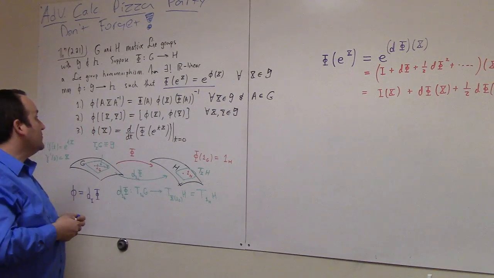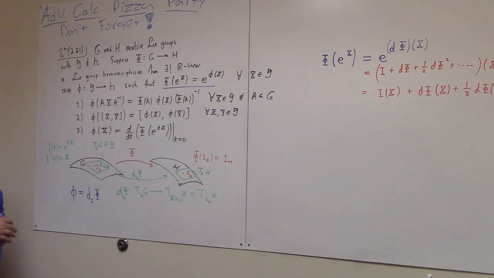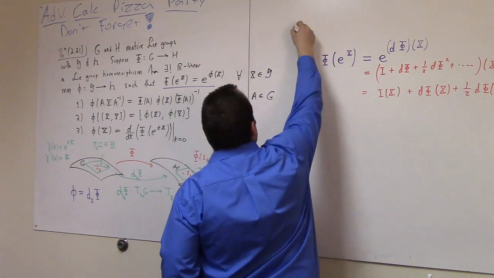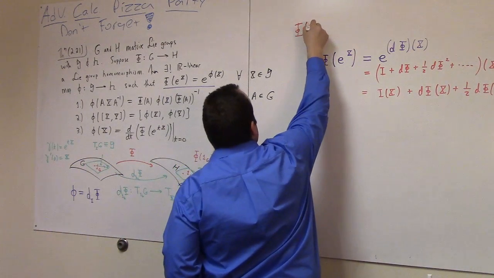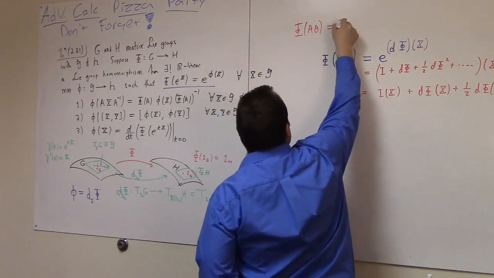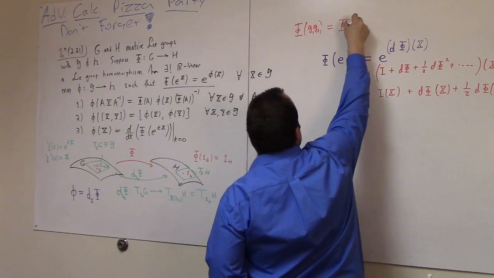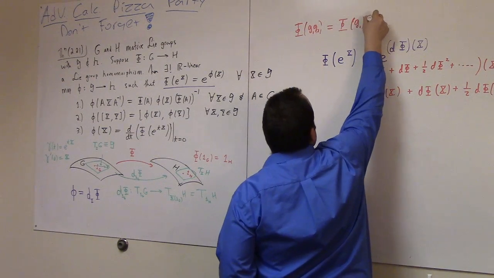Capital Phi is a Lie group homomorphism, and all we know about it is that it preserves products and it's smooth. So we know that Phi of G1 G2 is Phi of G1 times Phi of G2, like that.